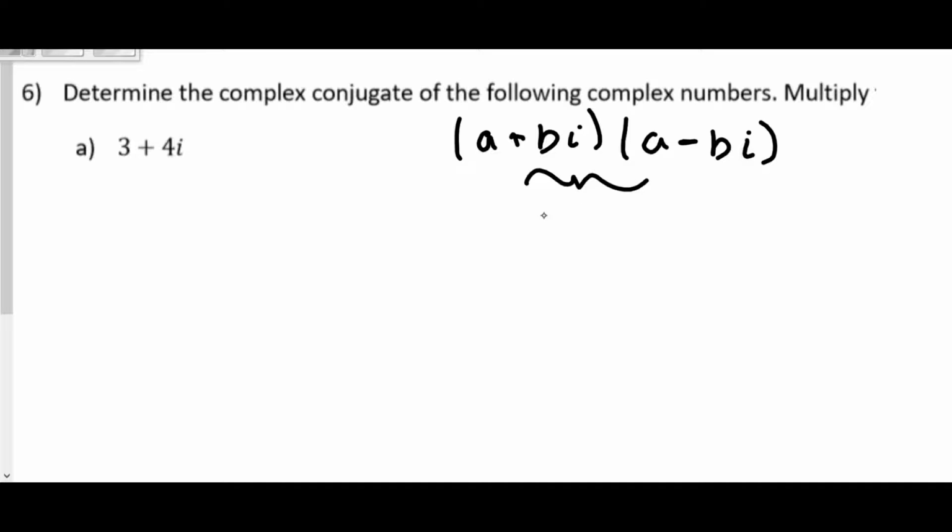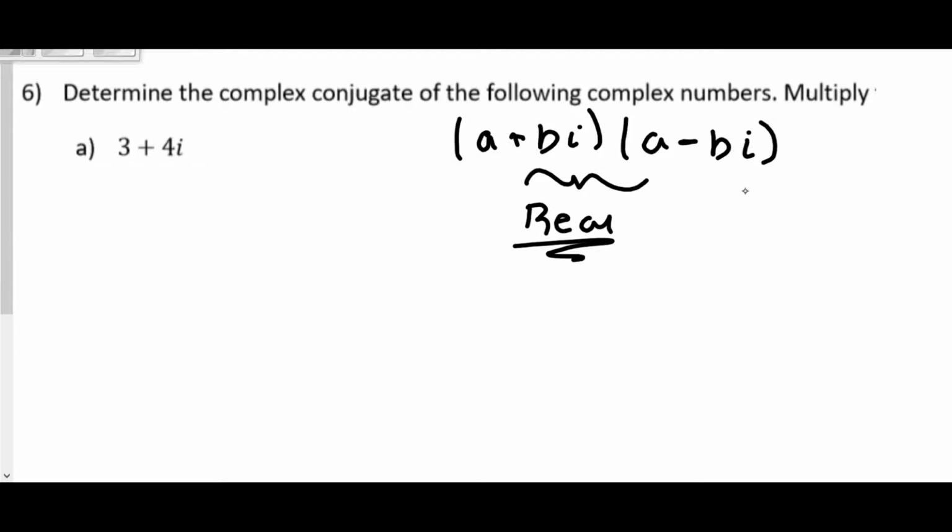So the complex conjugate will always have the form: if I'm given a complex number that has a plus bi, the complex conjugate will always be an equal real part and an opposite sign imaginary part. And when we multiply complex conjugates together, we're going to get a number that's purely real. So all that means is that we're not going to have i's in our answer.